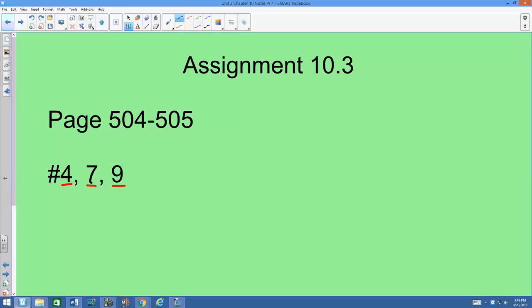Make sure on the top of your paper you put your name, 10.3, and your period. Make sure the video is paused so you've completed all of the problems.